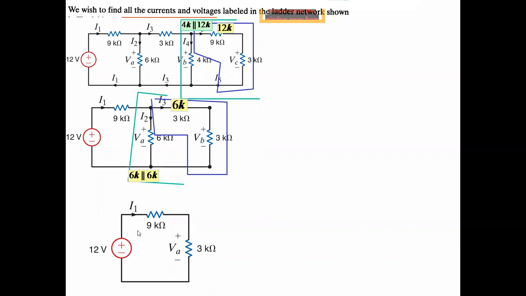Here you can see we have a simple electrical loop where the two resistances, 9k and 3k ohm, are in series. So we can use Ohm's law to calculate the circuit current I1.